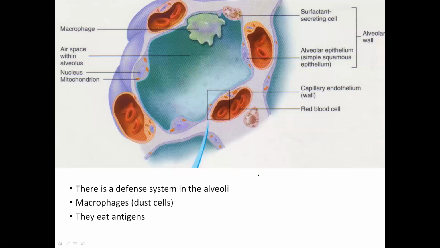We have a defense system inside your lungs. They are some pretty big Pac-Mans called dust cells. The macrophages are a type of Pac-Man that are in there to help protect you. We are constantly breathing in junk.